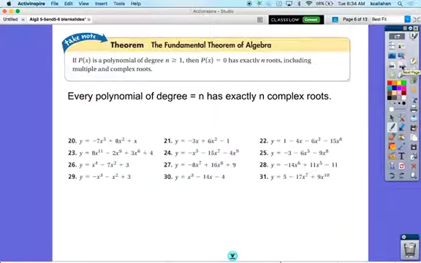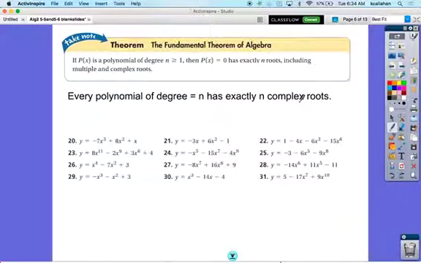Okay, the fundamental theorem of algebra comes from the second section that we're pulling from today, and restated in my text down below here, it's that every polynomial has exactly as many roots as the degree. And remember, the degree is the value of the highest exponent.